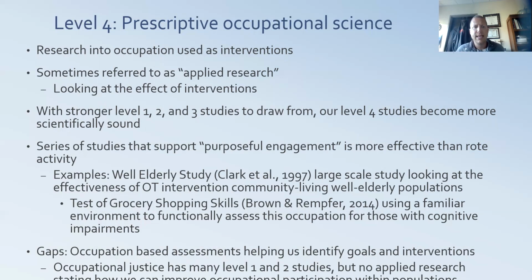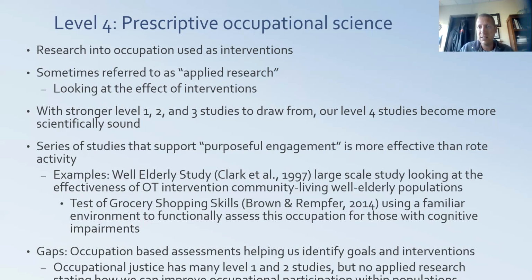Okay, and so grocery shopping certainly is an occupation, right? And at level 3, we identify we need more occupation-based assessment tools specifically related to occupation. So here is an occupation assessment meant to measure grocery shopping skills.